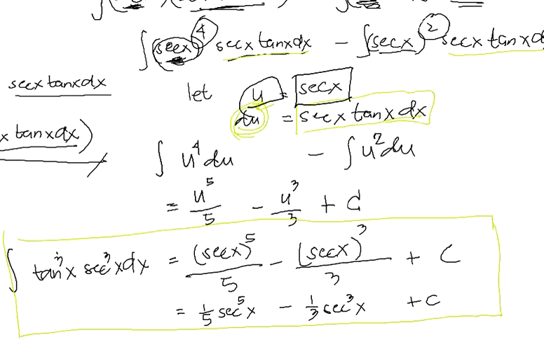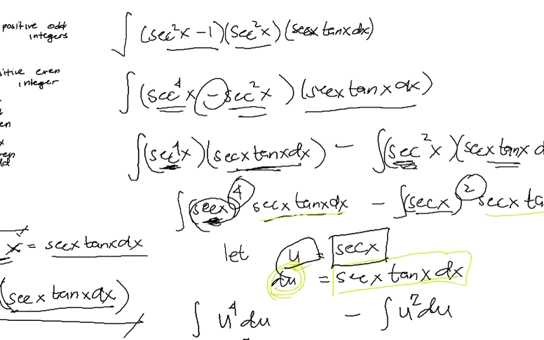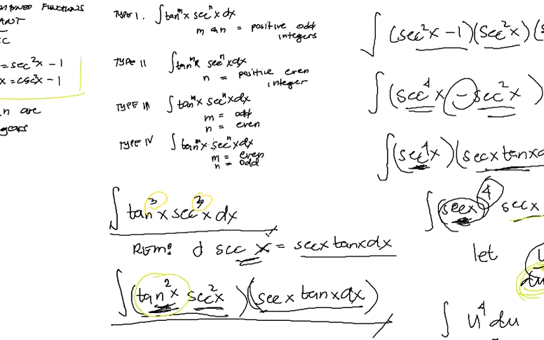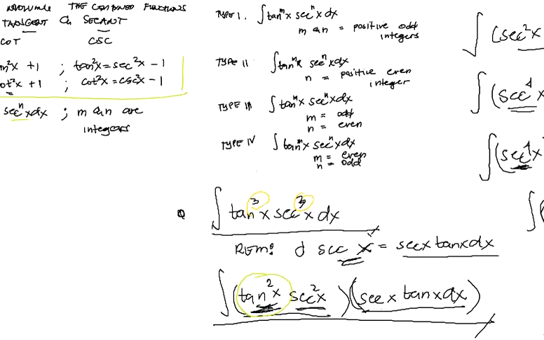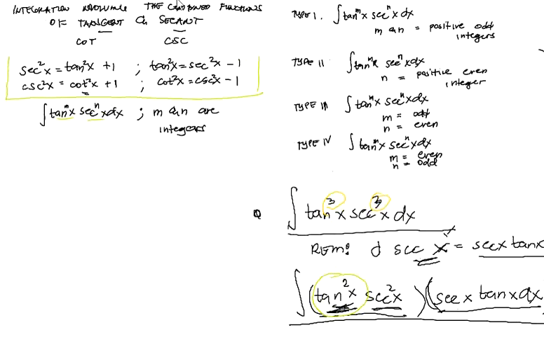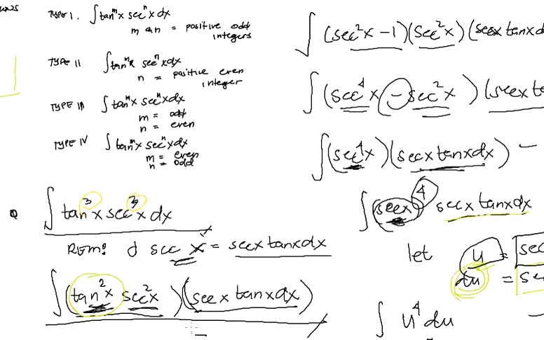Once again, let us review. So we say that we have this problem, tangent cube x secant cube x dx. Then this is a combined function involving tangent and secant. So we can use this trigonometric identity, but according to the combination of combined functions, we have 4 types.